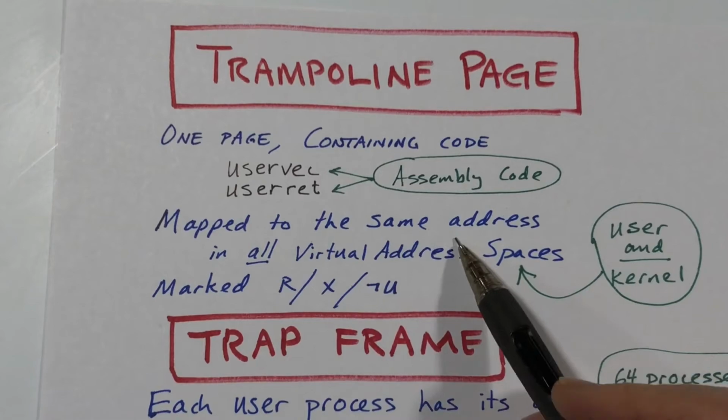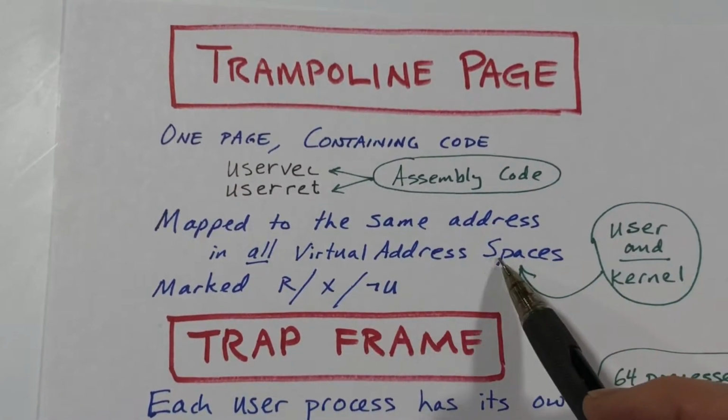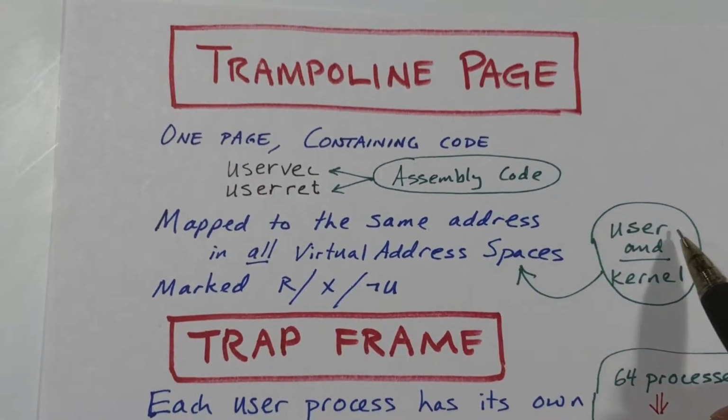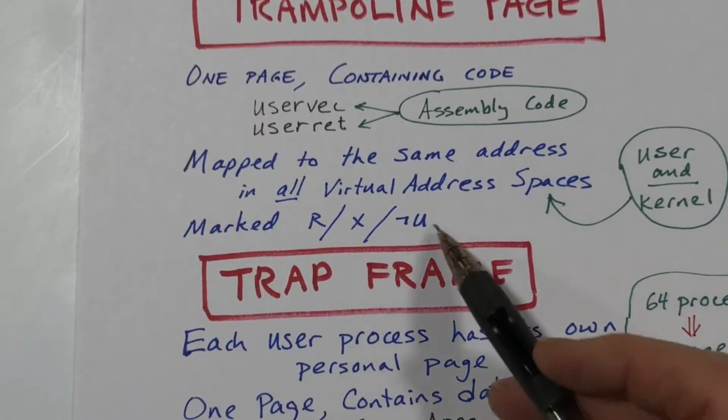It is mapped into the very same address, namely the top page, of all virtual address spaces. And by that I mean the 64 virtual address spaces, one for each of the user processes, and the kernel address space.